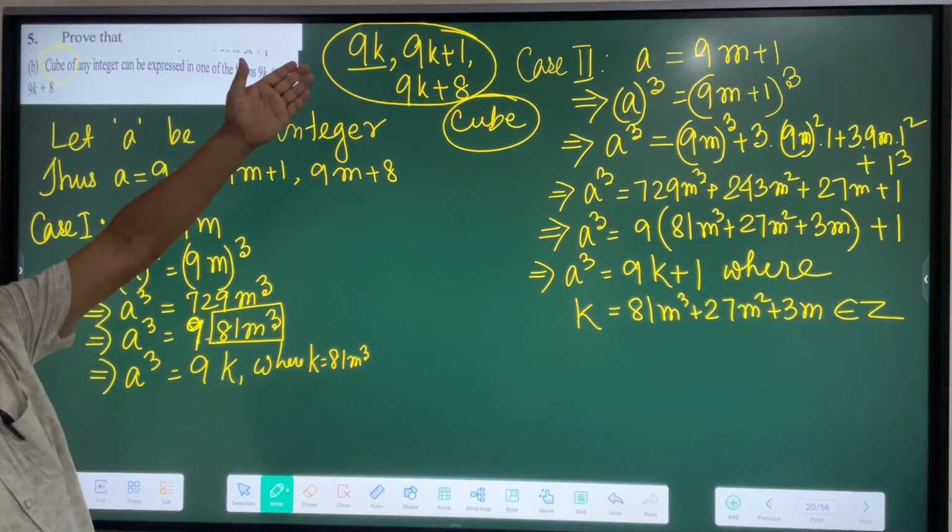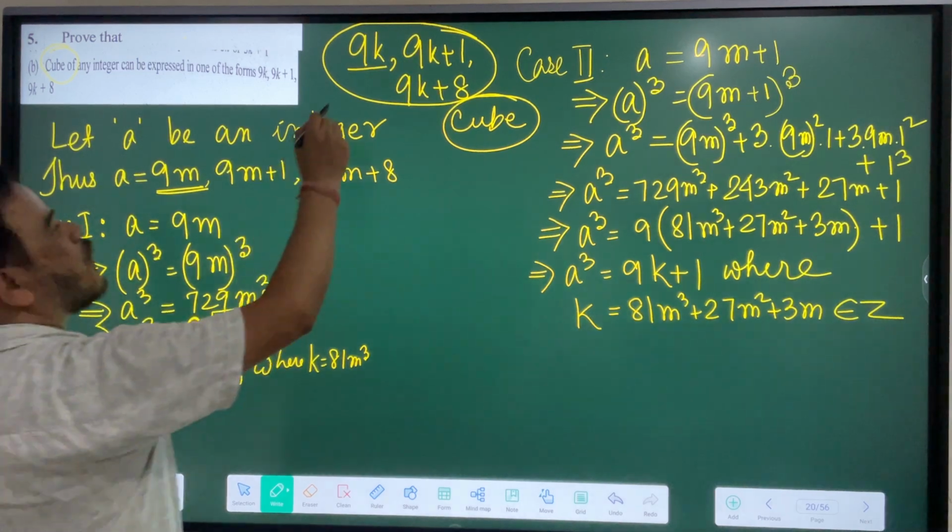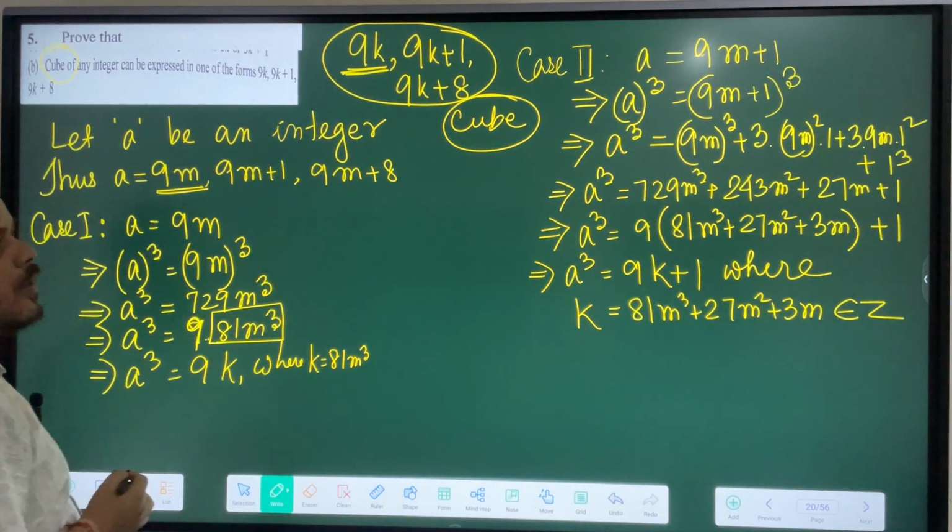Since we have to prove 9k, a cube is expressed as 9k. This one is finished.